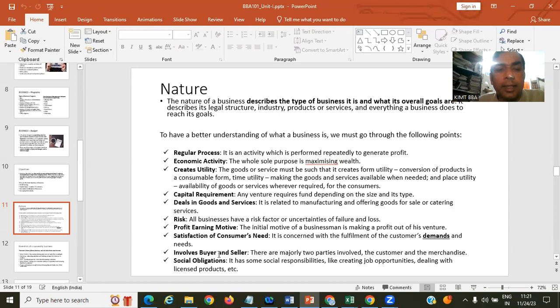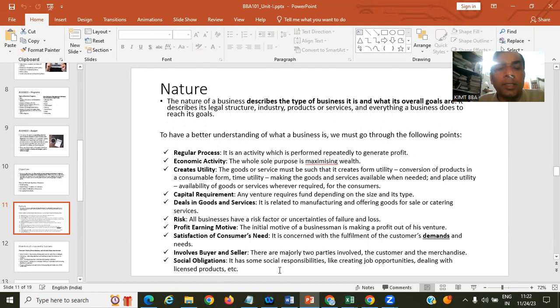So that is there in the business. That's the main characteristic of business. Without buyers and sellers, you cannot have business. Social obligation: you have some impact on the society. It has some social responsibility like creating job opportunities, dealing with quality of products, etc.